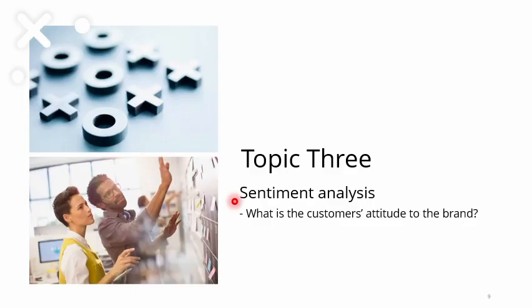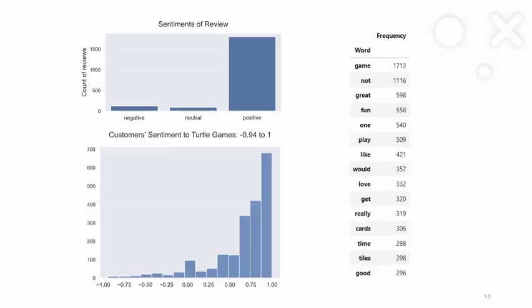Let's now see what the attitude to Turtle Games is. Overall, it is positive, as on average the sentiment scores lean toward the positive side. Opinions vary, nevertheless. Across the dataset, the minimum value of sentiment score was negative 0.94.